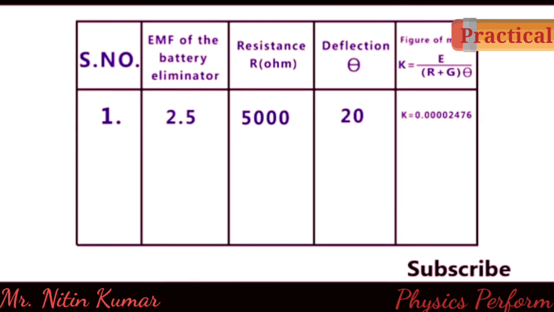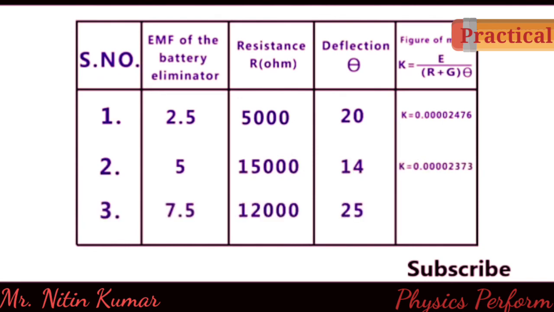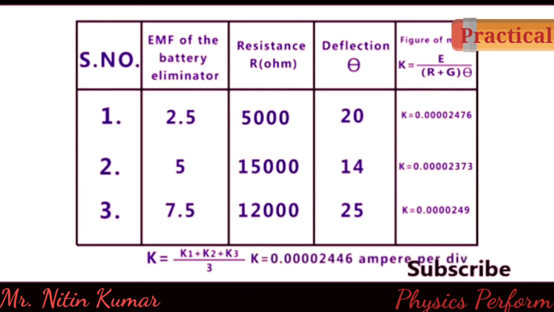Similarly, for 5 and 7.5 volts EMF of the battery, the values are as follows. Mean value of the figure of merit K is equal to (K1 plus K2 plus K3) by 3. Therefore, K is equal to 0.00002446.